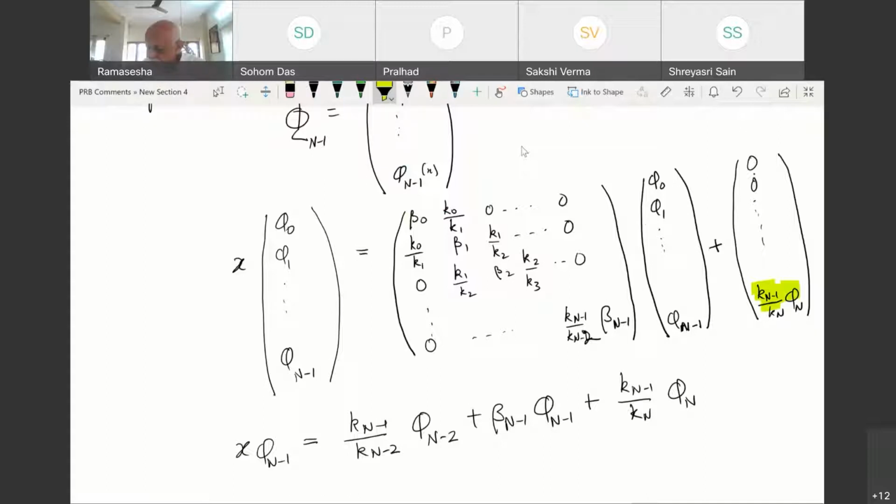Okay, because you have a k n plus 1 coming on the right hand side. For example, you look at this equation, you have k naught upon k1 phi naught plus beta 1 phi 1 plus k1 by k2 phi 2. Okay, and that happens until phi n minus 1, but when you come to p n minus 1, you have to add a separate vector which has all 0 components except for the last one, which is k n minus 1 upon k n p n.